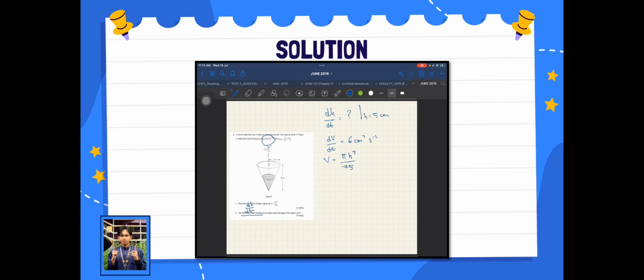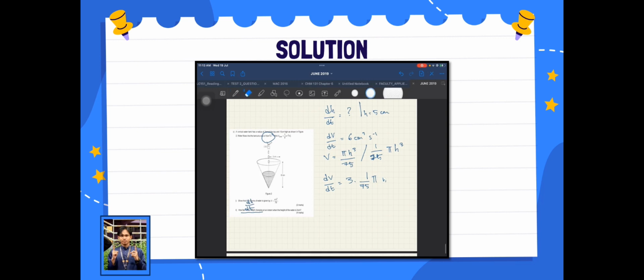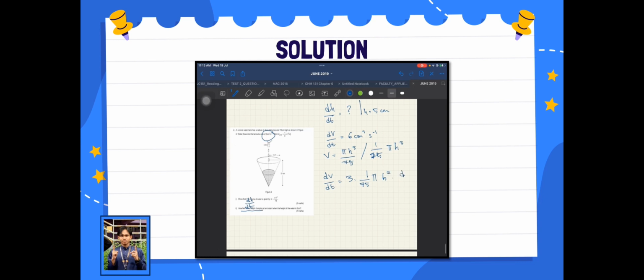To make it easier, I will write it in a simpler way: 1/75 πh³. So dV/dt here is 1/75 π times 3h² multiplied with dh/dt.